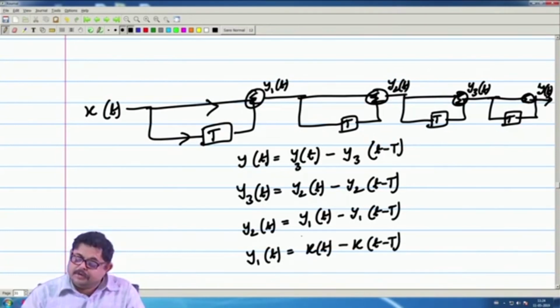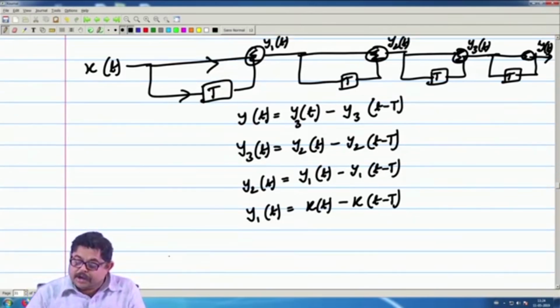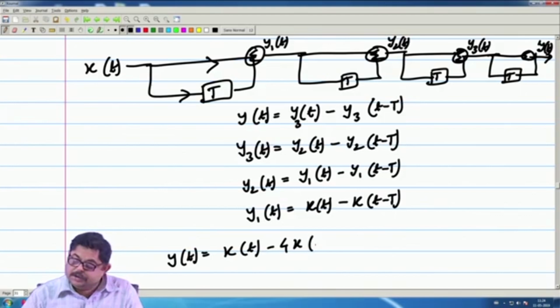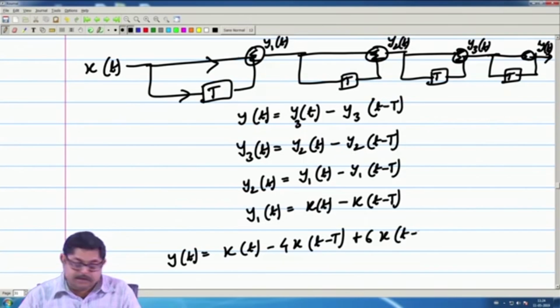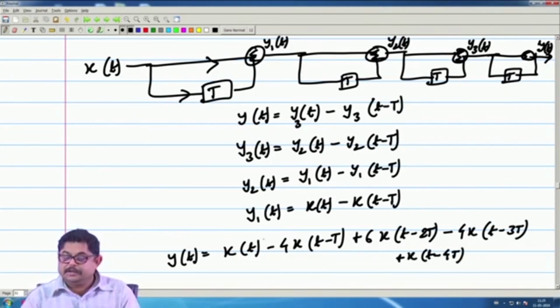So, you can put these one by one, and finally, we will see that you can write y(t) as x(t) minus 4x(t minus T) plus 6x(t minus 2T) minus 4x(t minus 3T) plus x(t minus 4T). So, you can check these weights are nothing but the binomial filter.